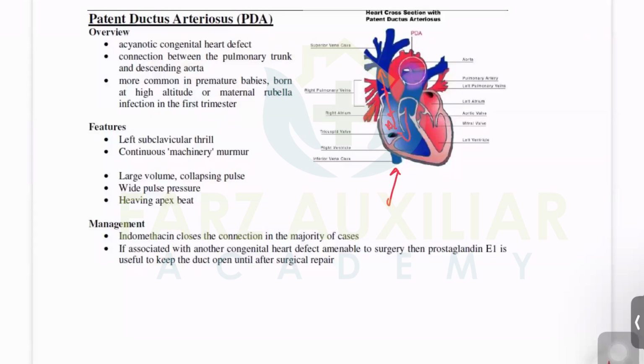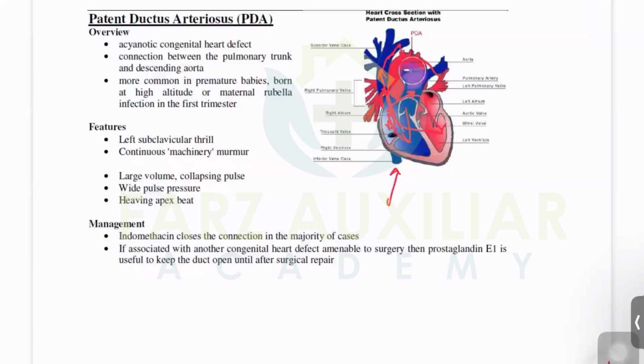We all know that there is a persisting foramen ovale through which the blood goes directly from the right atrium into the left atrium. So it reaches the left ventricle, from where it is pumped out into the aorta.